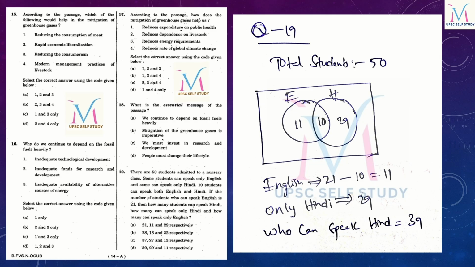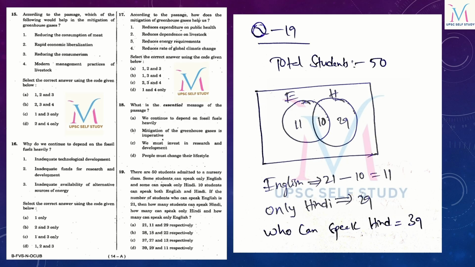Already 10 students can speak both English and Hindi. So totally how many speak English? 21. So 21 minus 10, 11. So only English speaking children are 11.